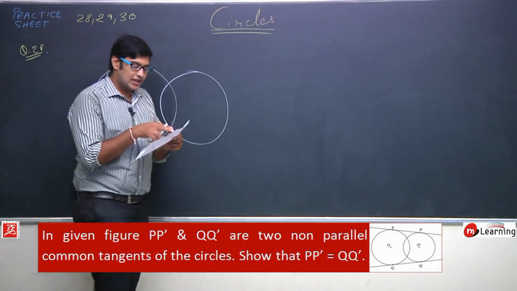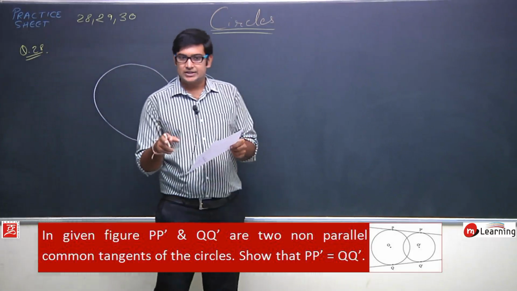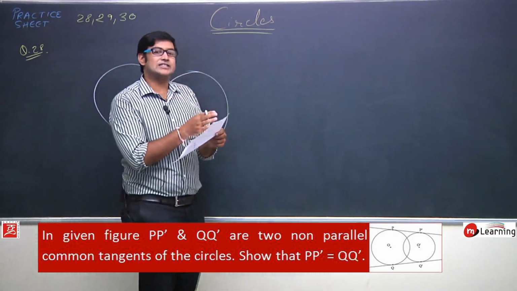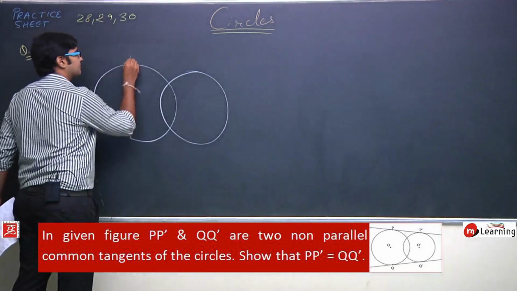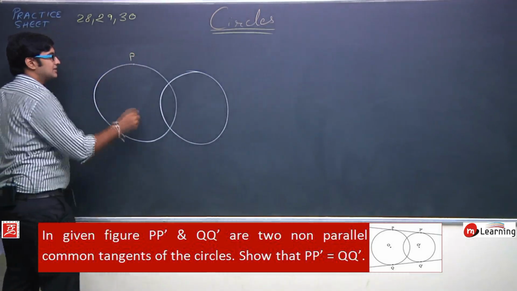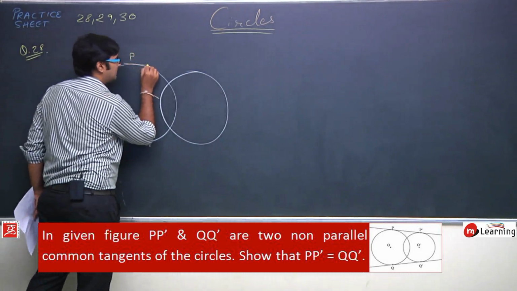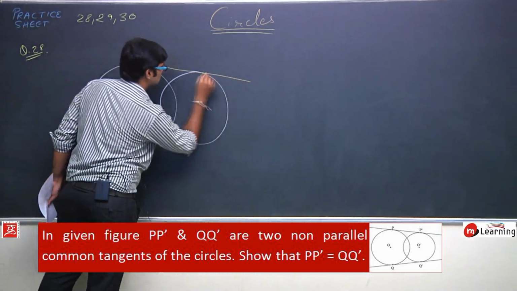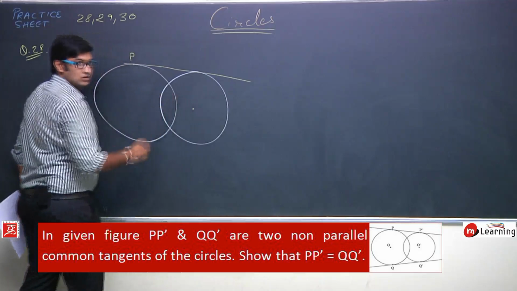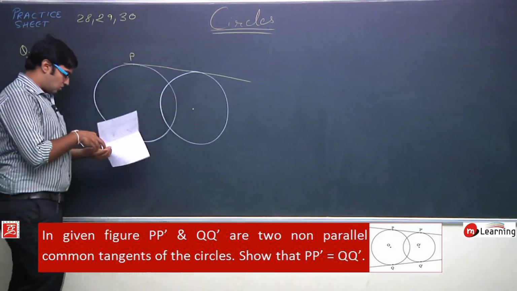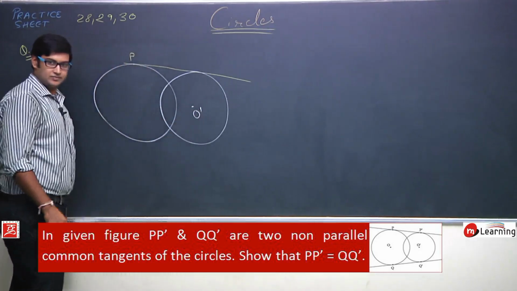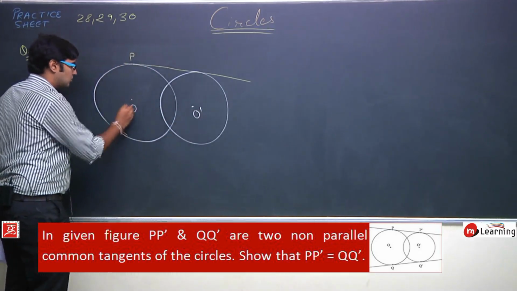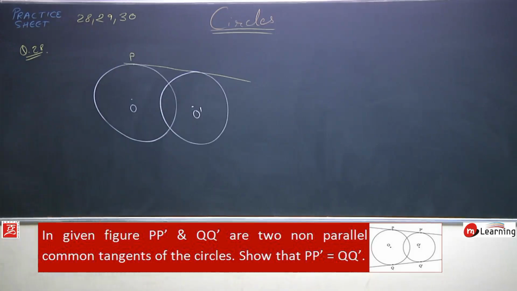You can see that PP dash is a tangent to the circle with center O at point P, and the same line PP dash is also tangent to the circle with center O dash, at point P dash. It is tangent to both the circles.